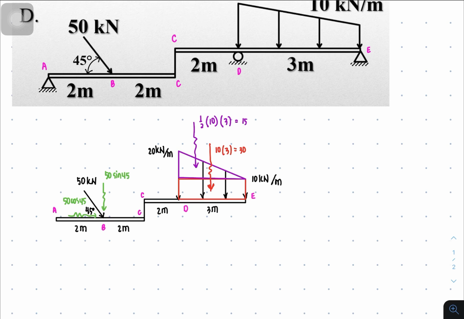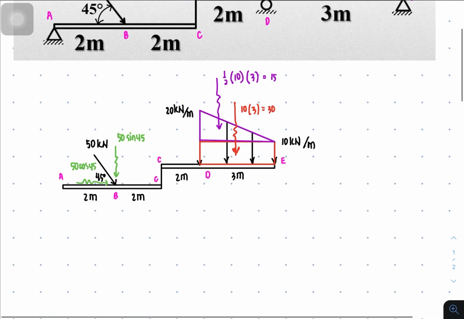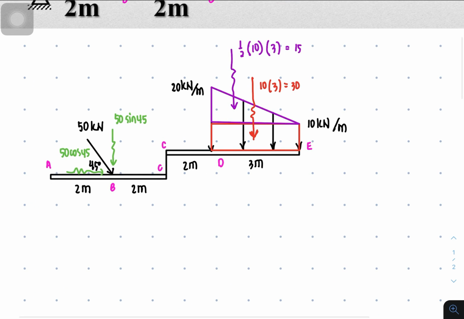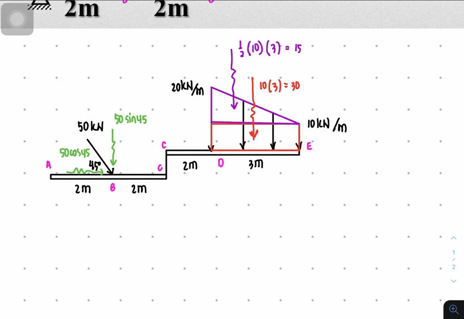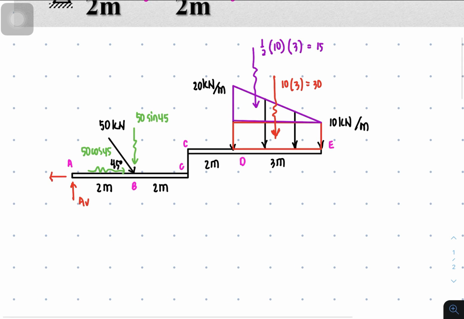Okay, and since this is a compound beam, we're going to proceed with writing the reactions. At A, there is a hinge, so it's going to be A vertical and A horizontal. I'm going to make A horizontal to the left, because we have 50 cosine 45 to the right.